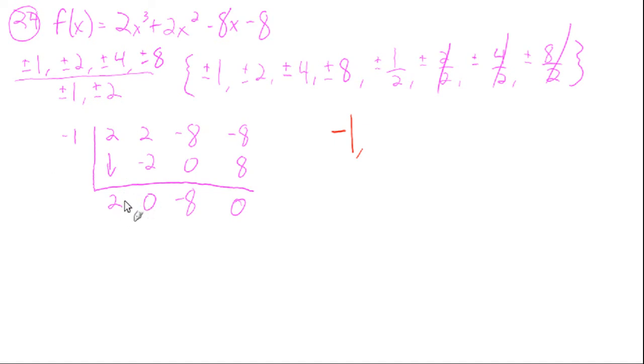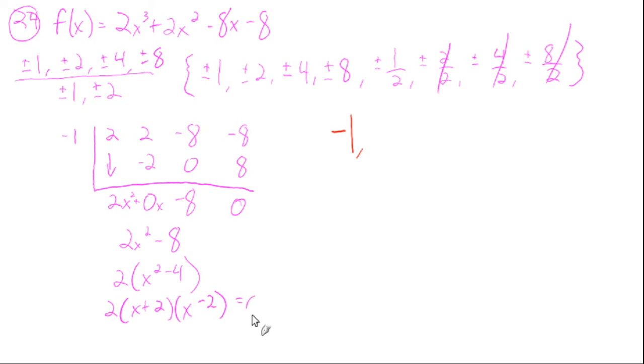Okay, so this is 2x squared plus 0x minus 8. So we have 2x squared minus 8. Let's factor out a 2. This is 2 times x squared minus 4. This wouldn't take long to factor. If you recognize it as a difference of squares, you can factor it like this.